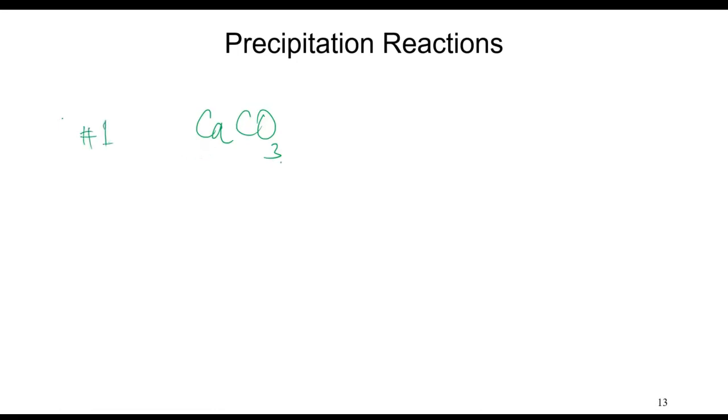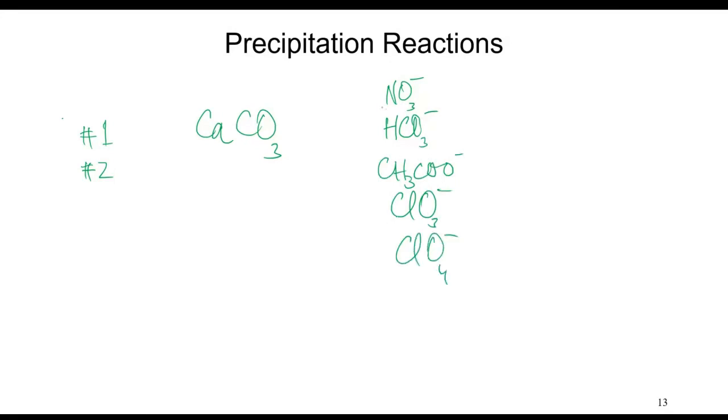Is it here? No. Move to rule number 2. Then you find the first 5 ions: NO3, HCO3, acetate, chlorate, and perchlorate. Are any of these ions present in this compound? No. Come to rule number 3.